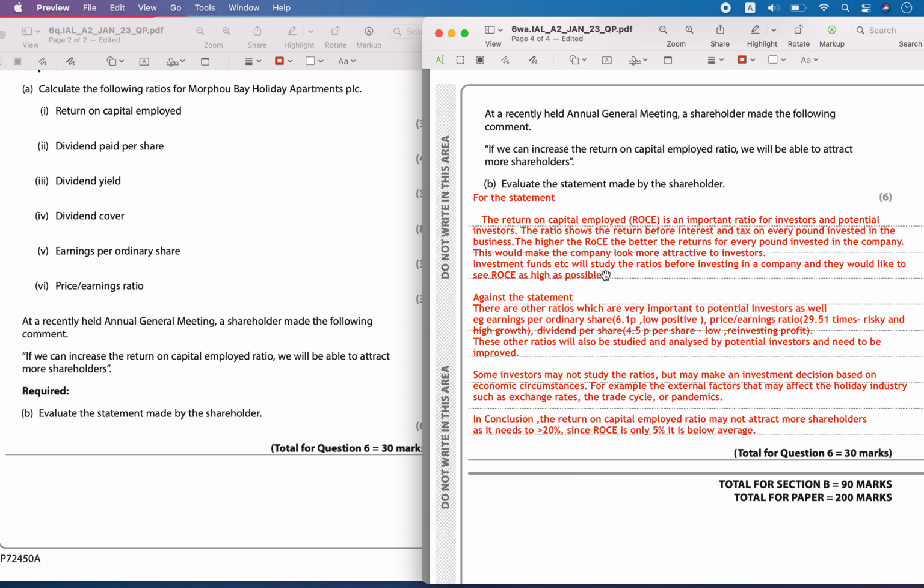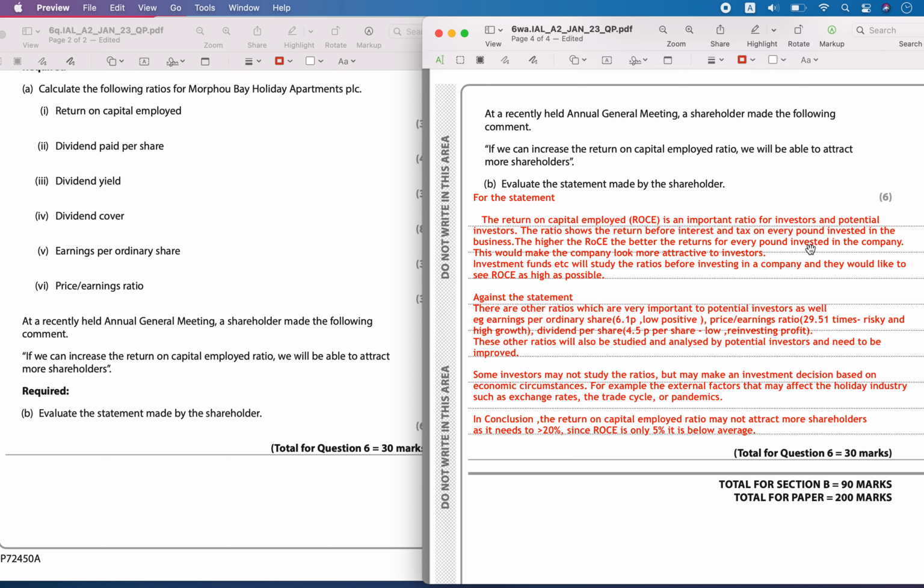Now ROCE is one of the important ratios. We have many other ratios also, but for the statement you will say yes, ROCE is an important ratio for investors and for the shareholders. The ratio shows the return before interest and tax on every pound invested in the business.